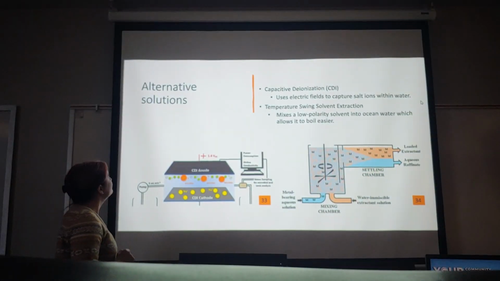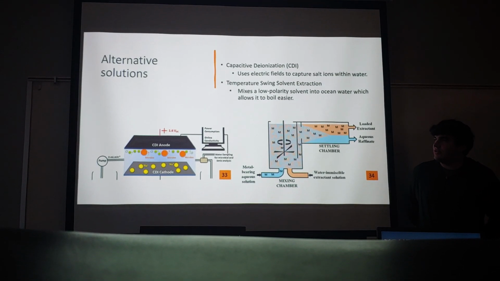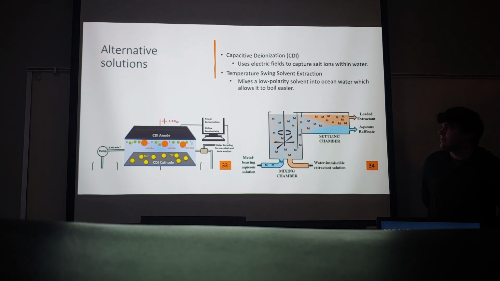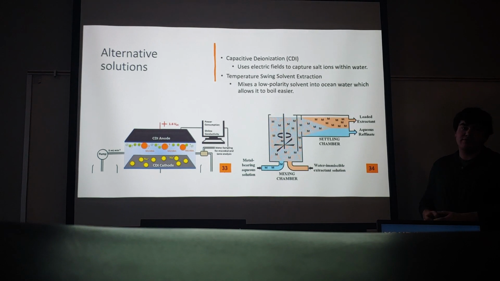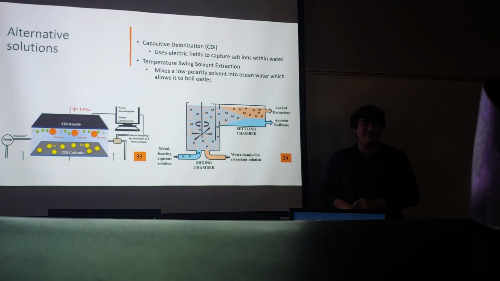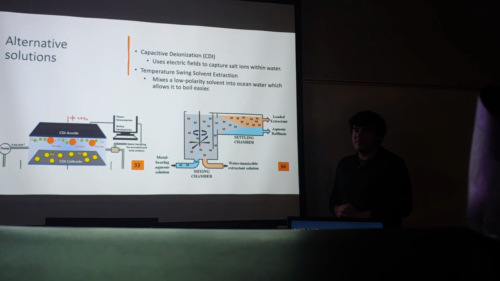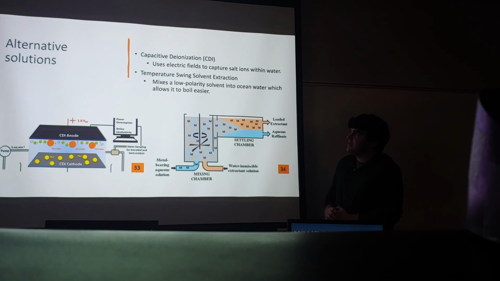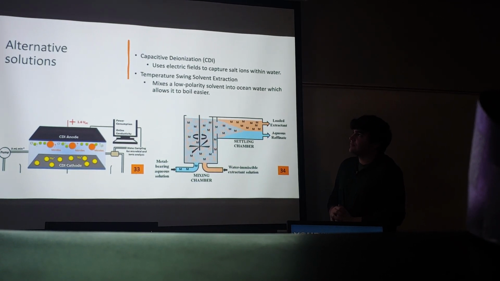Right, next slide. 3. Alternative solutions. Some alternative solutions could be useful in this case due to the many limitations of desalination plants. One of these alternative solutions is capacitive deionization, or CDI.